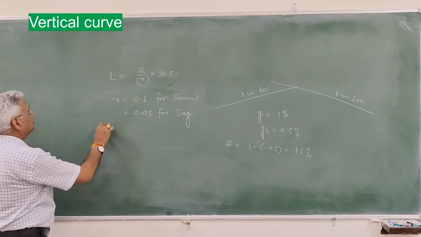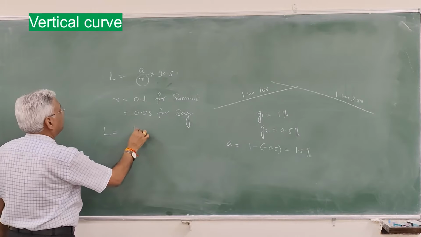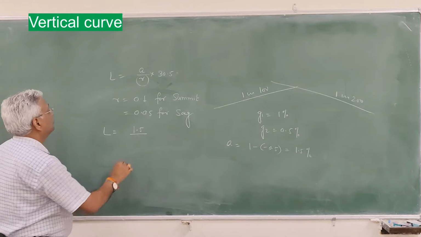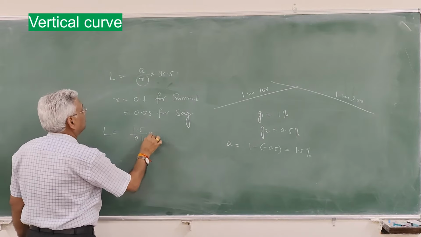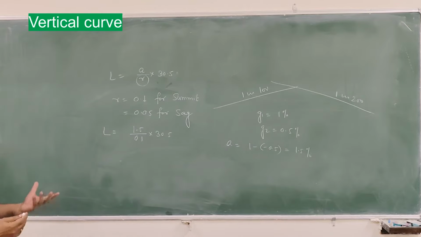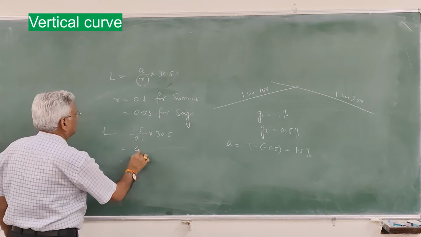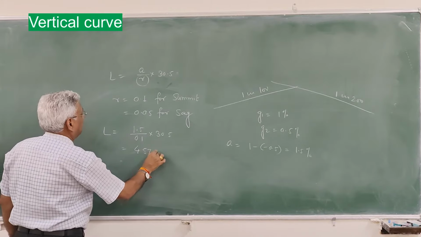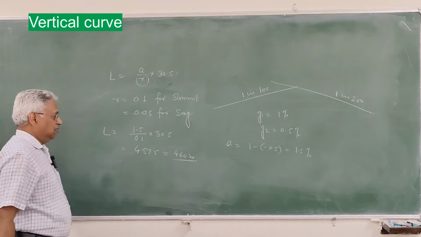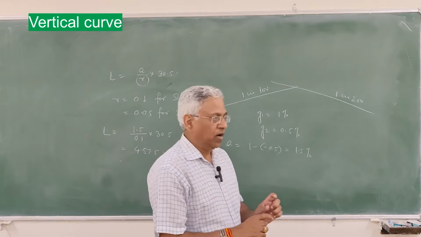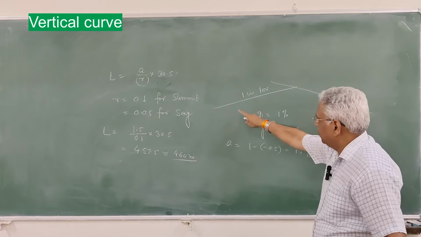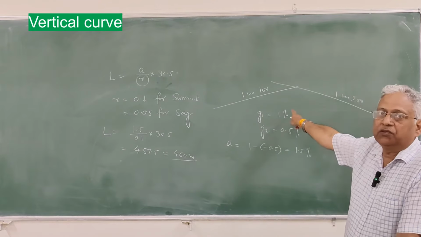And therefore the length of the curve will be 1.5 divided by 0.1, because it is a summit curve, into 30.5. That is something like 457.5, or you can say 460 meter. This is the length of the curve required to be set to have a smooth entry and exit from these two gradients.